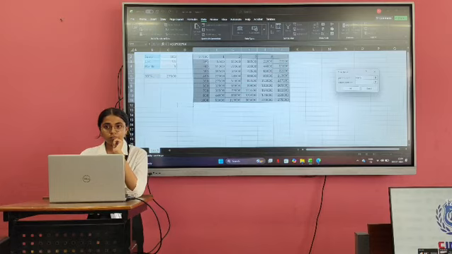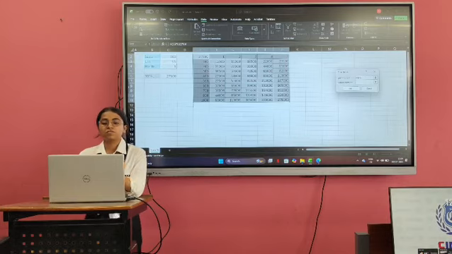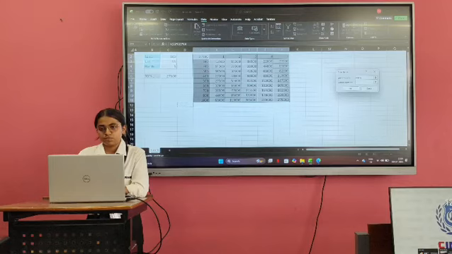The price per unit is 55. So 100 multiplied by 55 is 5500. Right? Yes, sir. And if it is happening for two consecutive months, then 5500 plus 5500 becomes 11,000.